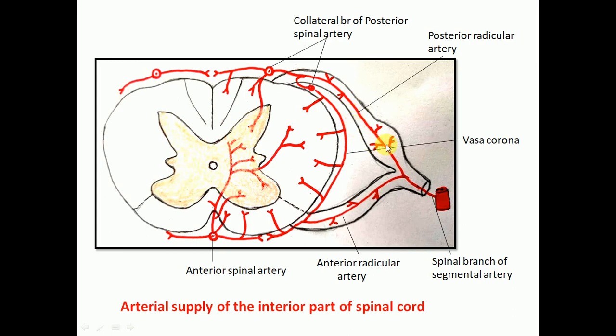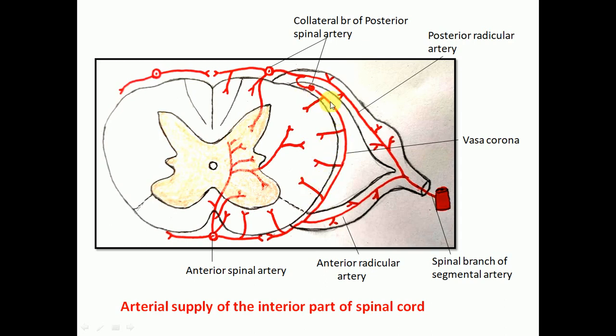Now how do these spinal branches of the radicular or segmental artery enter the spinal cord? In this way they enter along the posterior nerve roots and then divide into the anterior radicular artery and posterior radicular artery. Later on these anterior and posterior radicular arteries communicate with the collateral branches of the anterior as well as posterior spinal arteries. Now these collateral branches pass along the surface around the circumference of the spinal cord and give branches to the spinal cord.